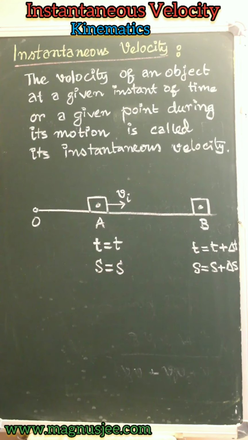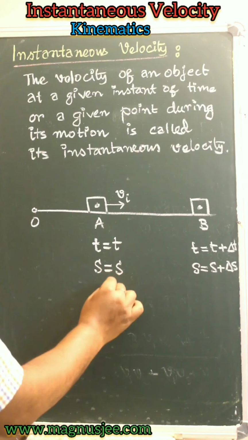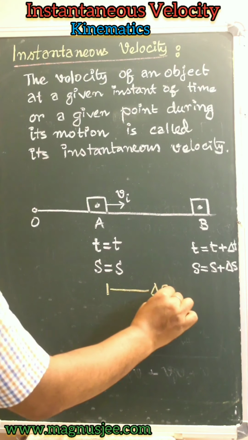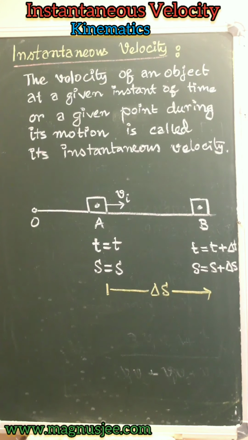And at the point A, the body moves with the instantaneous velocity vi, and the displacement of the body from A to B is delta s, which is a small displacement.